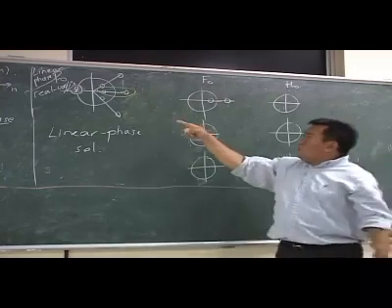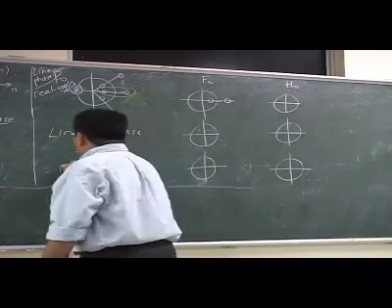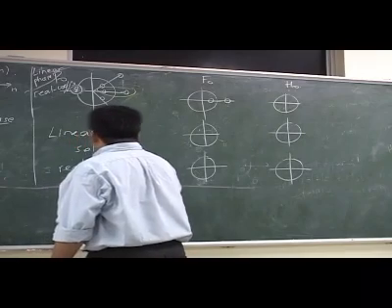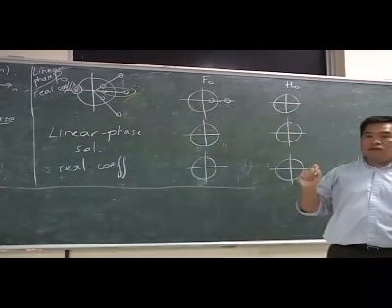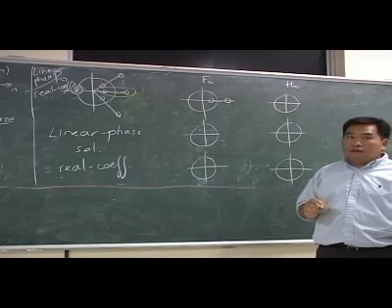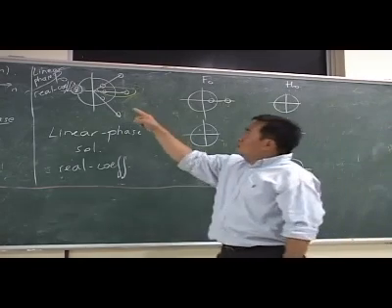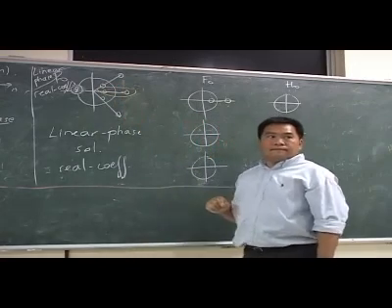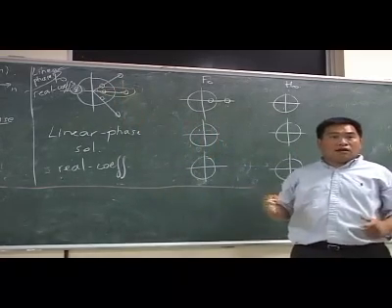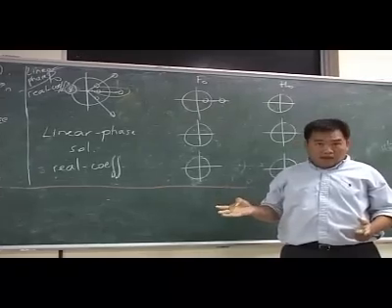How about the other? I want linear phase and, let's say, real coefficient. Both linear phase and real coefficient. How do I deal with this set of 4 zeros? Do they have to go together or not? Together, right?